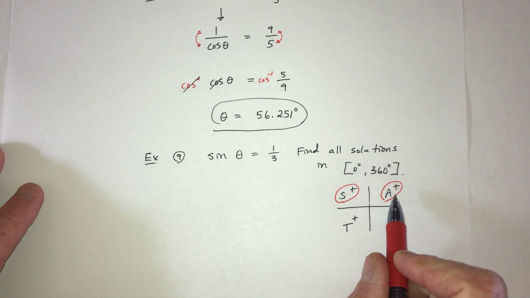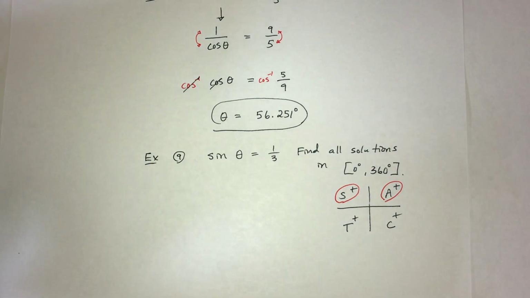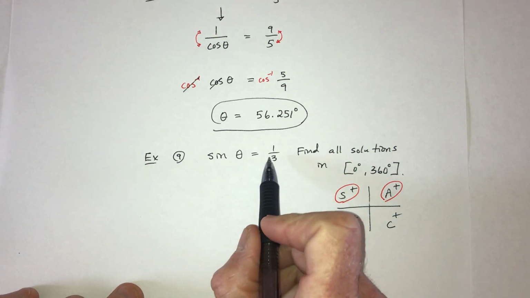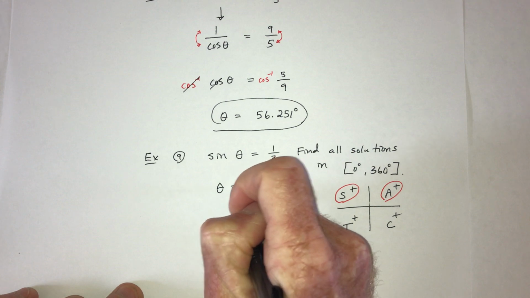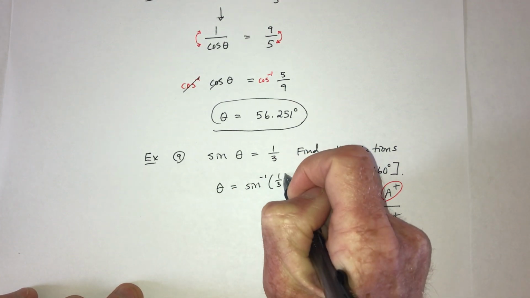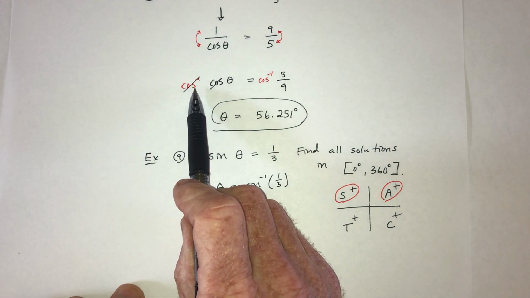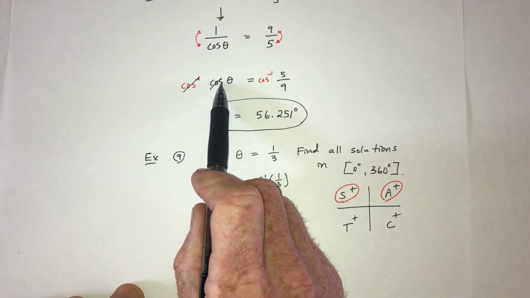When you use sine inverse on the calculator, it tries to give you the smallest solution or the one closest to 0. So take sine inverse on both sides. And you could write down this step with the red part, cosine inverse, and then have them cancel.